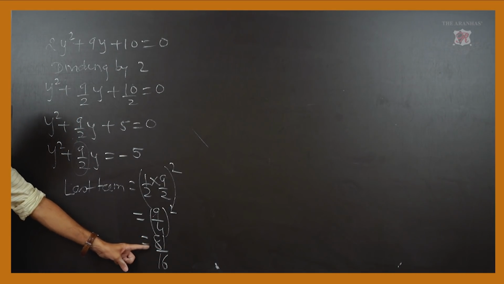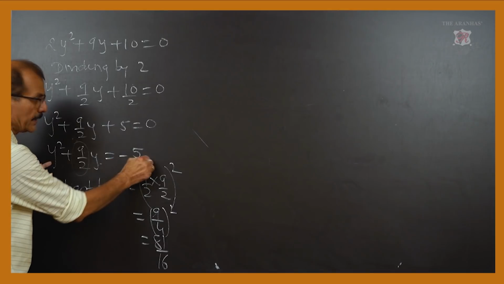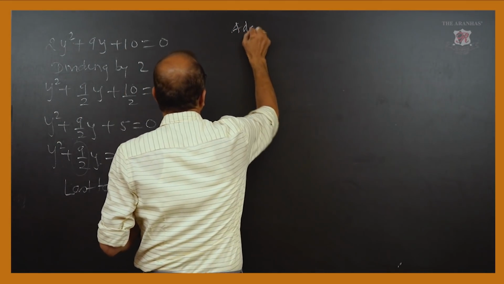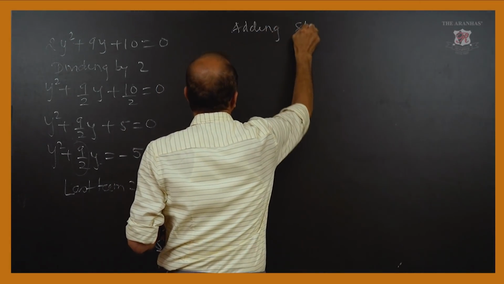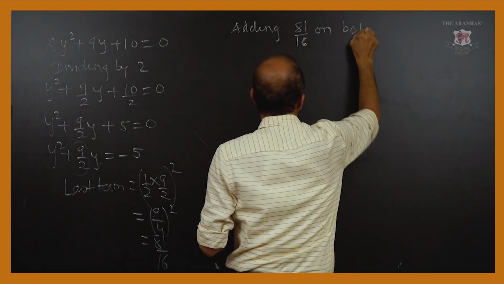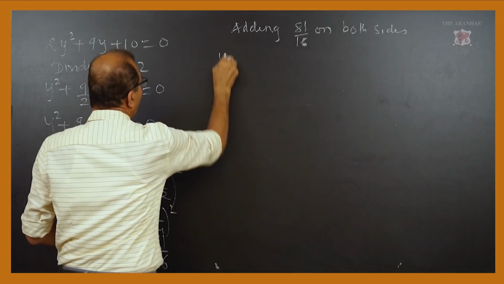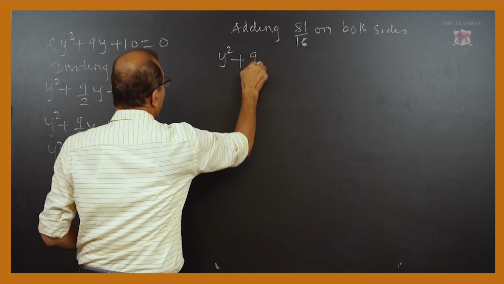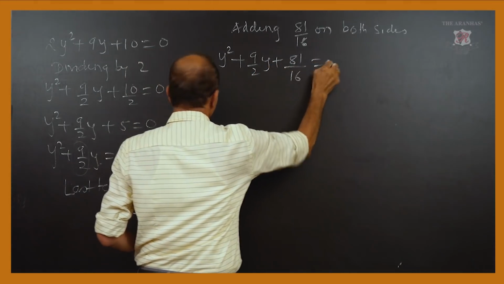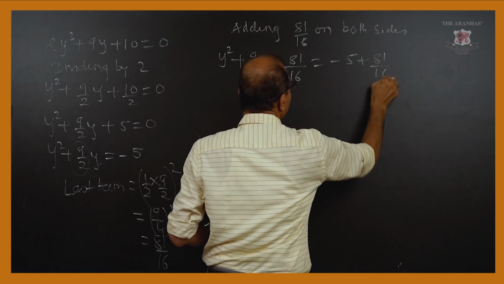So, you have to add 81 upon 16 on both the sides of this equation. So, adding 81 by 16 on both sides, y square plus 9 by 2y plus 81 by 16 is equals to minus 5 plus 81 by 16.